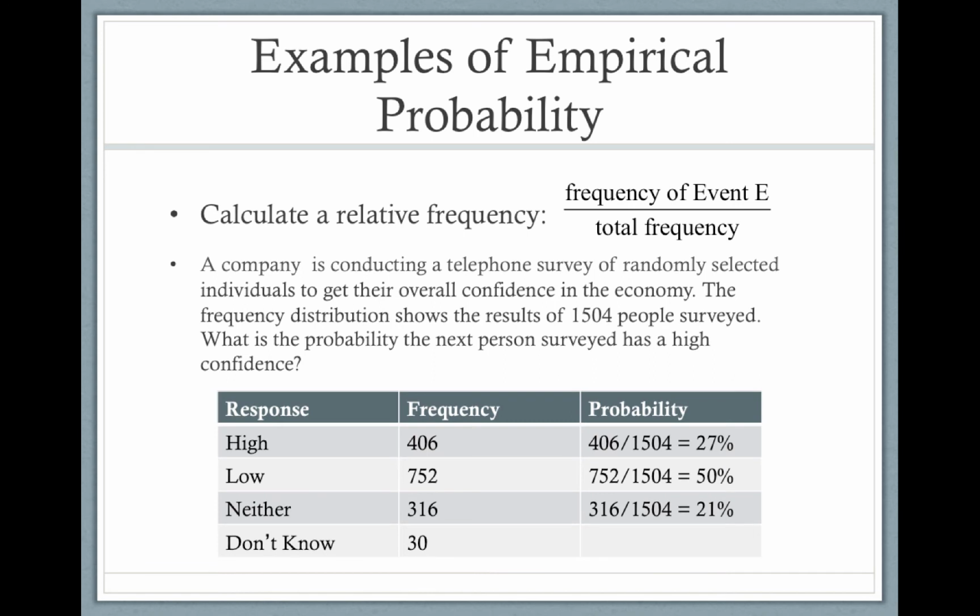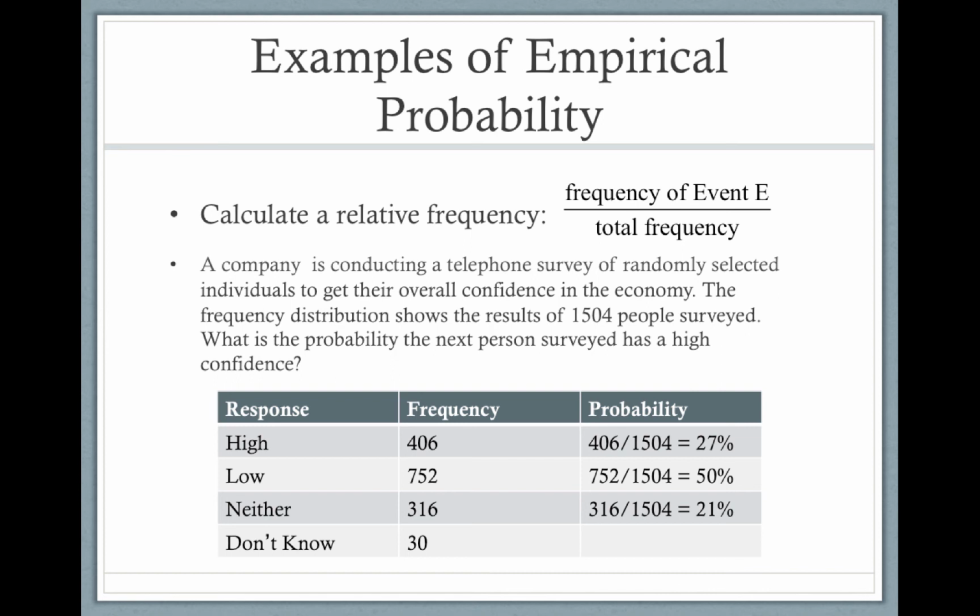What is the probability that the next person surveyed has high confidence? The probability somebody has high confidence is 406, which is the frequency, divided by the total frequency, which is 1,504, giving us that fraction, or 27%.